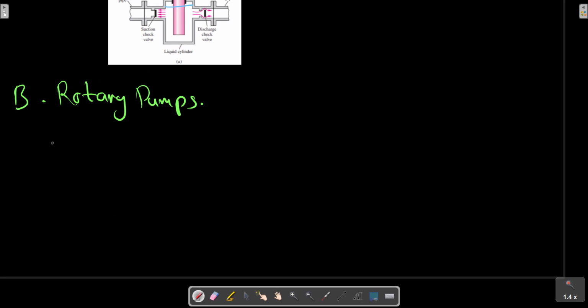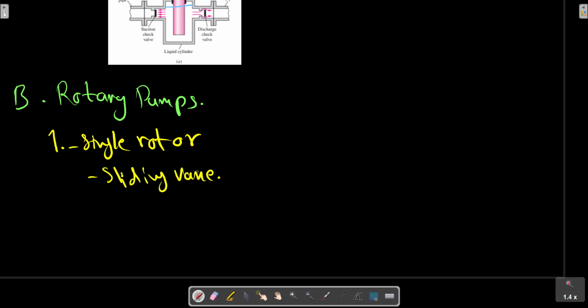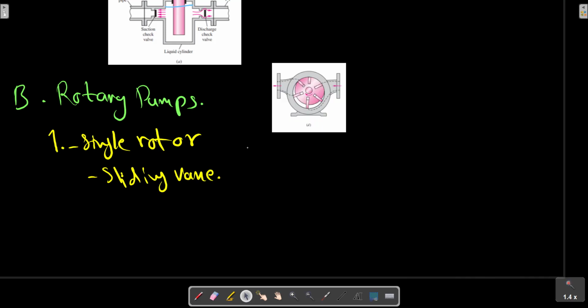The first one is the single rotor sliding vane, depicted also in this picture. This is a sliding vane pump. The second type is the single rotor flexible tube or lining.